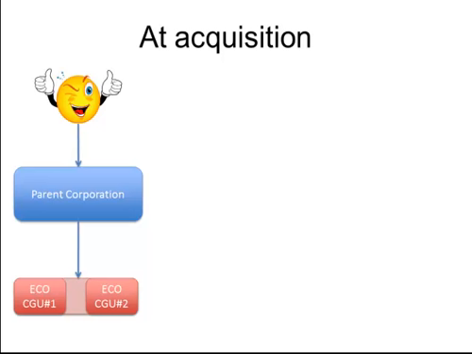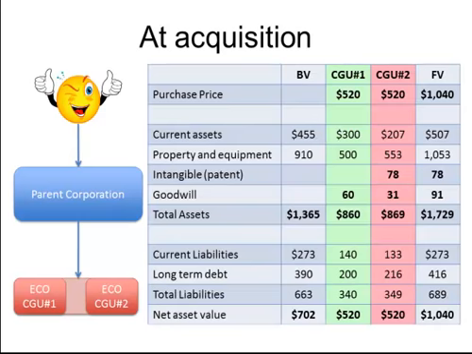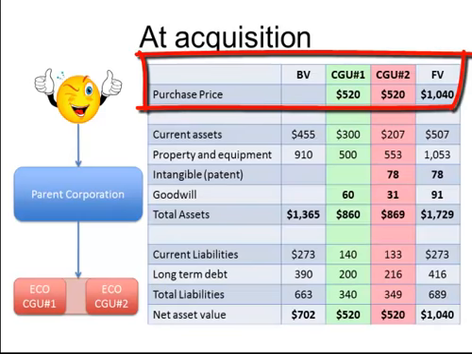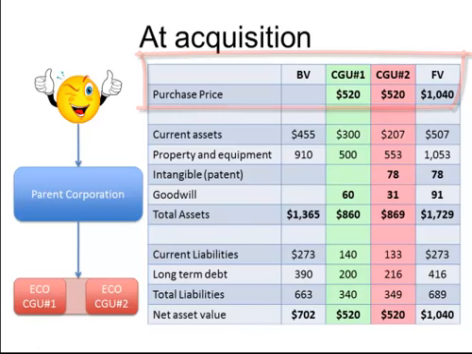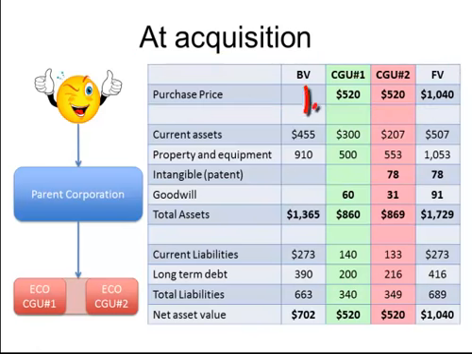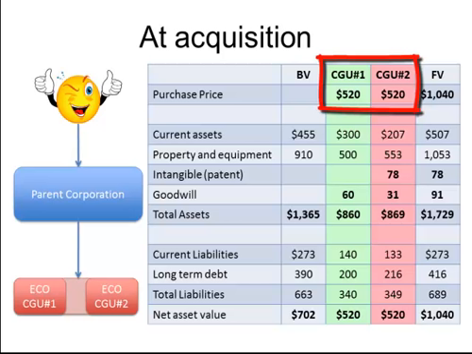The analysis presented here has allocated the purchase price paid by Parent Corporation to both cash-generating units. The analysis would work similarly at the ECO legal entity level, only book values would be allocated to each of the cash-generating units rather than the purchase price allocation. Let's walk through the schedule to understand the information. The purchase price line on the schedule estimates the value of each cash-generating unit by looking at the future cash flow expectations of each of the cash-generating units.